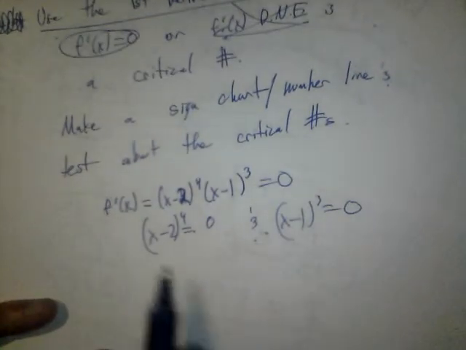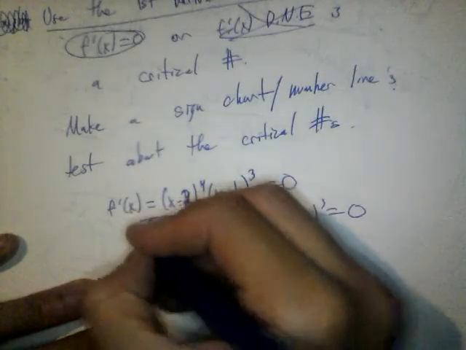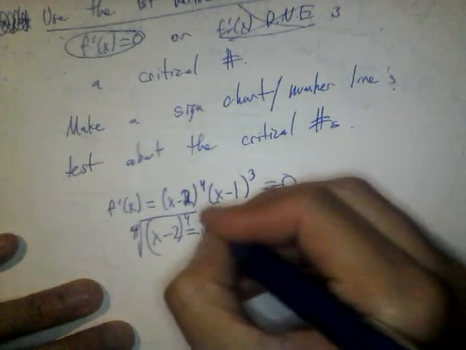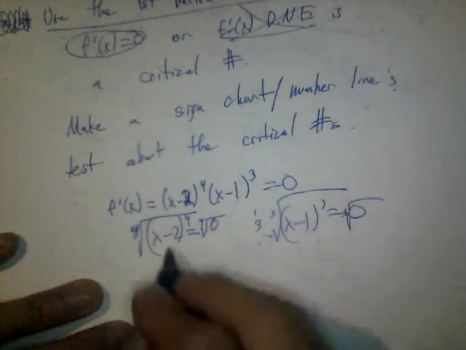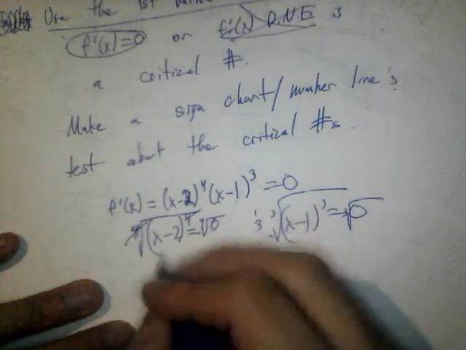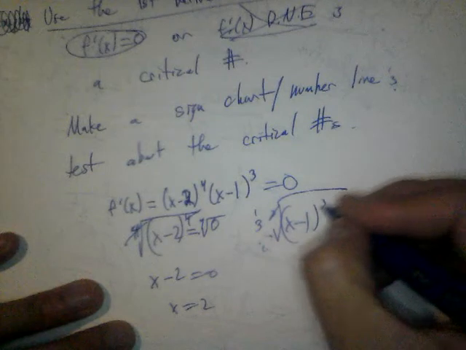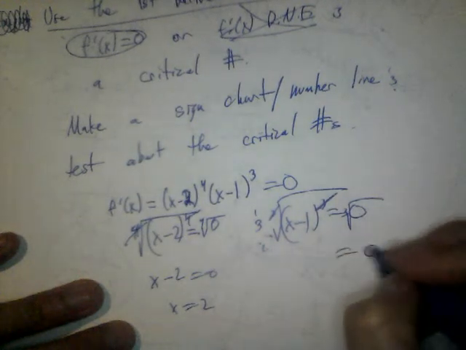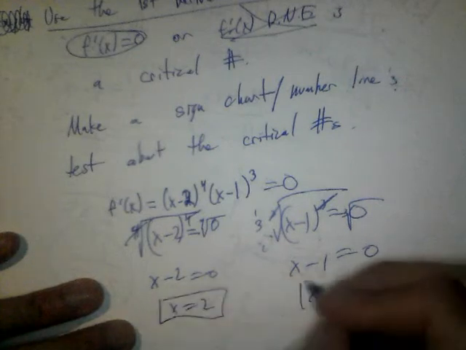The cool thing about a factor raised to a power is you can just take the root of it. If I take the fourth root of both sides, and the cube root of 0, it's always going to be 0. So x minus 2 is 0, so x is 2, and the cube root of 0 is 0, so x minus 1 is 0, so x is 1. So these are my critical values.